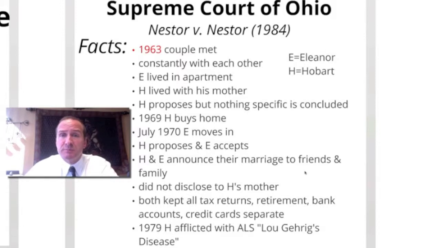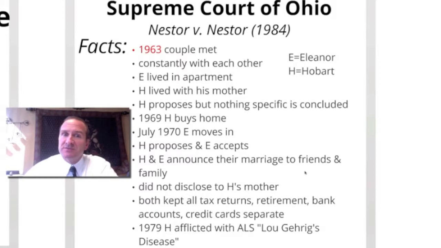This relationship between Eleanor and Hobart began in 1963 when they met. After 1963, they were constantly with each other, but at the very beginning, Eleanor lived in an apartment while Hobart lived with his mother.